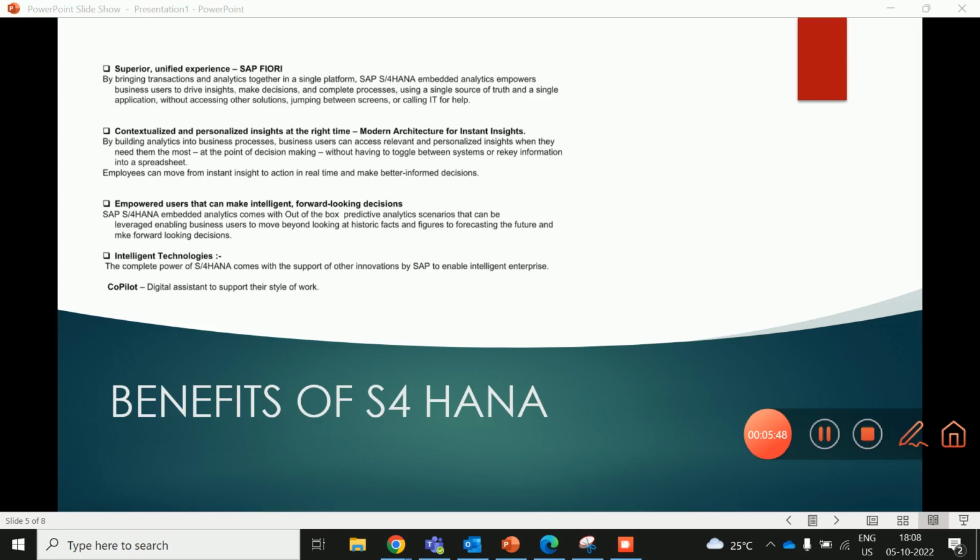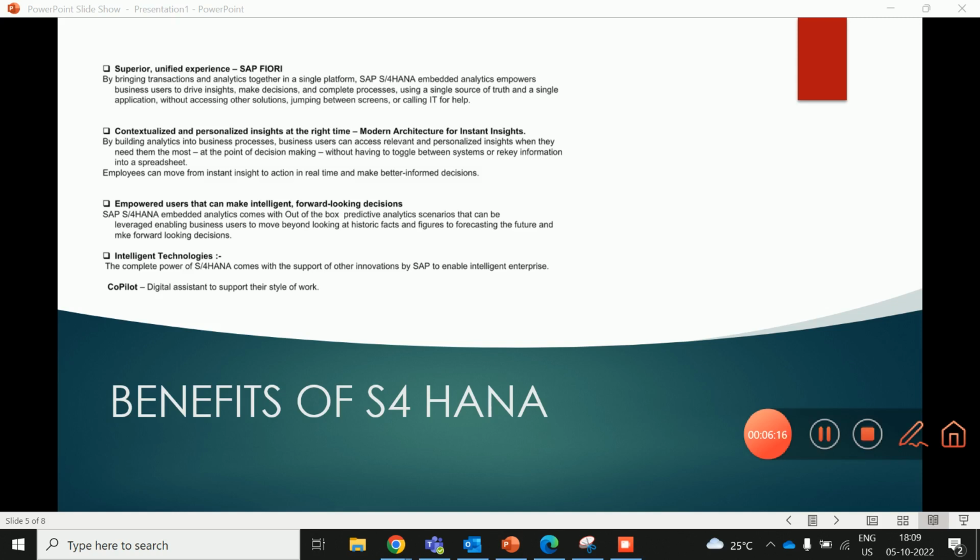So here is the advantage of S4 HANA: it is reliable, scalable, and very quick to process data. With the help of that data, business can make decisions and design their strategy to grow their business.